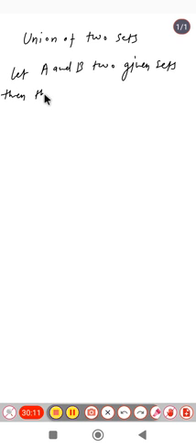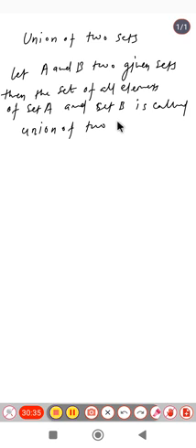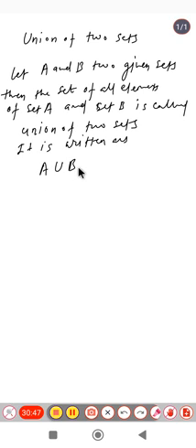Then the set of all elements of set A and set B is called the union of two sets. It is written as A union B, and read as A union B.